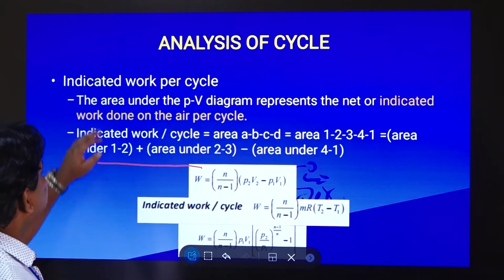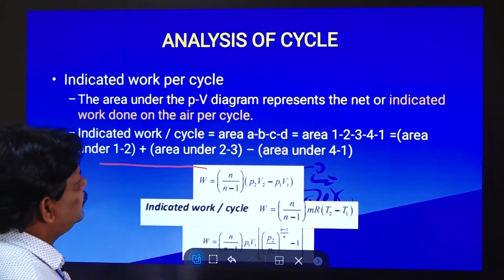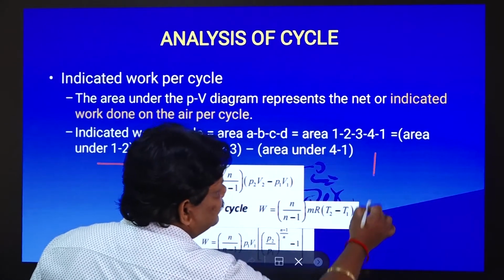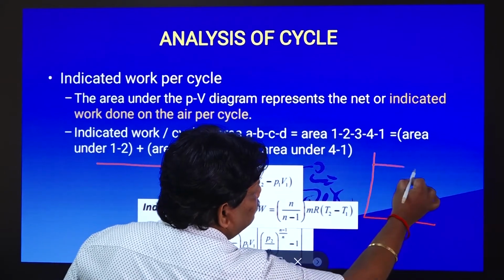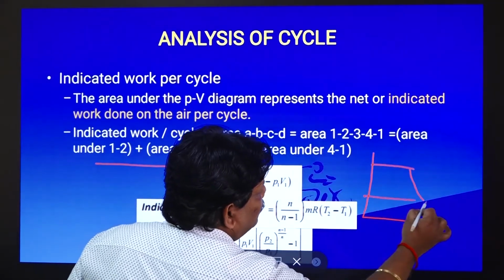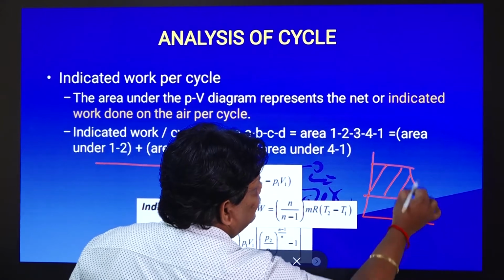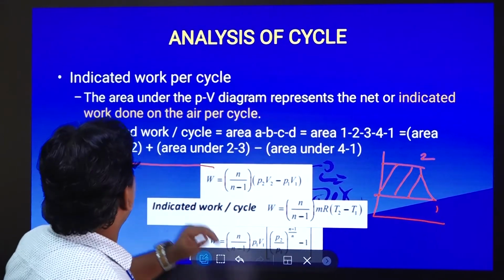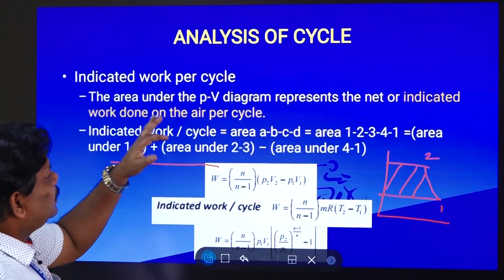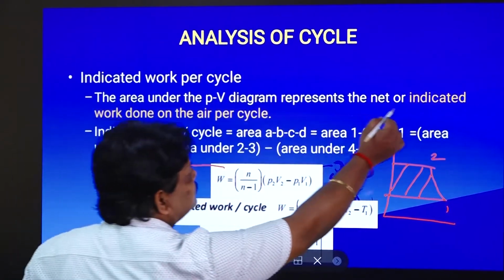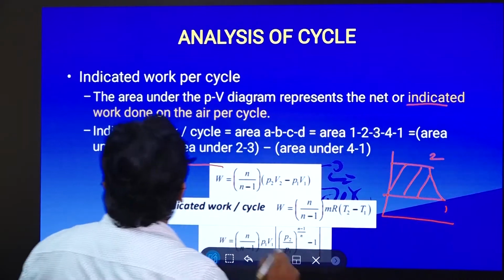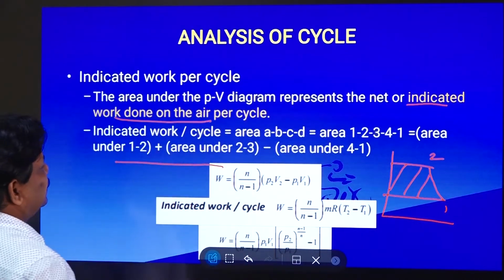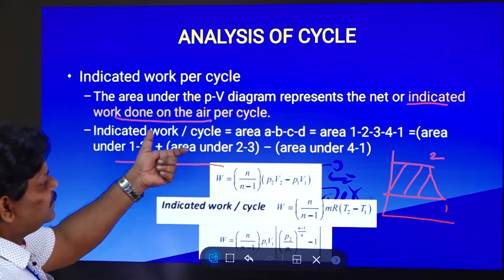The indicated work per cycle is the area under the PV diagram, 1 to 2, which represents the net or indicated work done on the air per cycle.